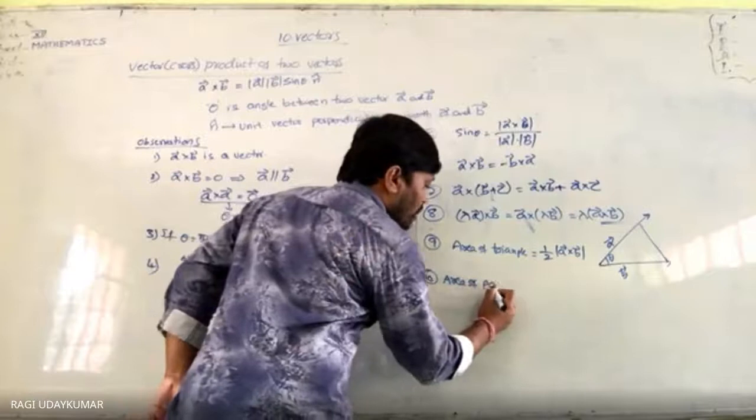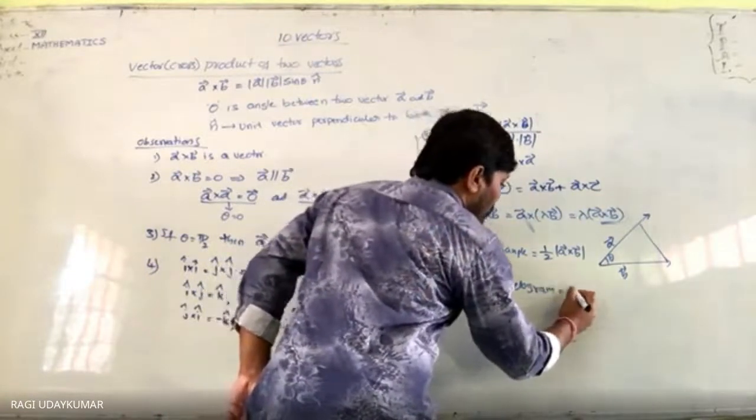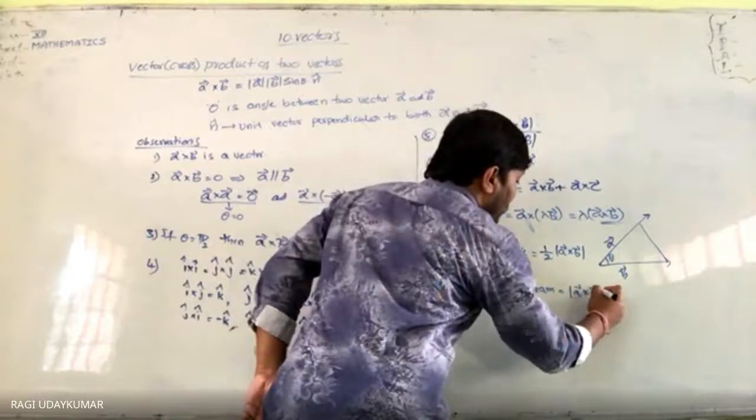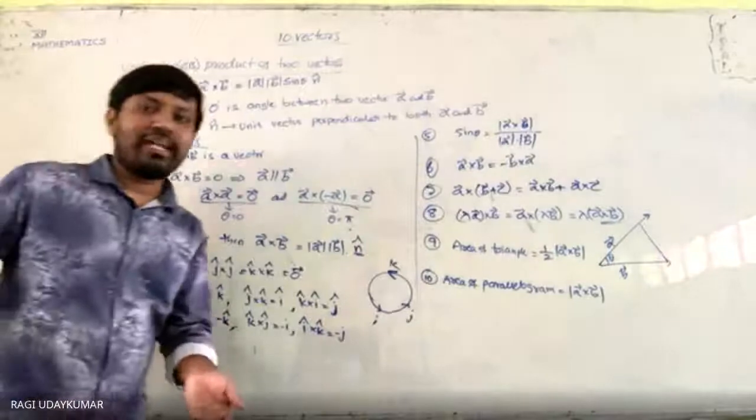Area of the parallelogram is equal to the magnitude of a bar cross b bar, where a and b are two adjacent sides of the parallelogram. Base into height you will take into consideration.